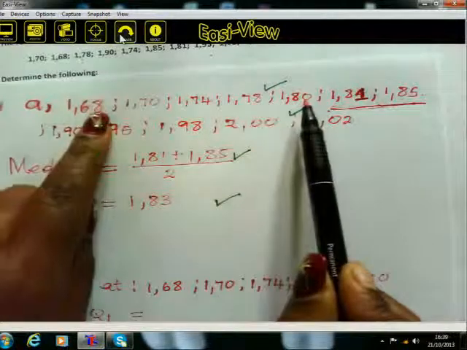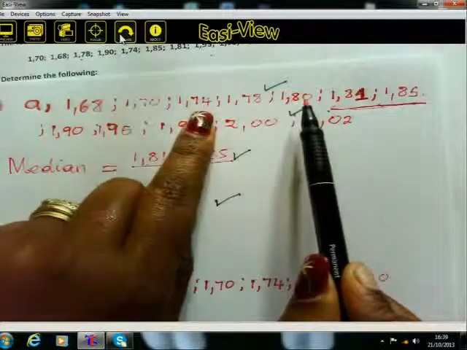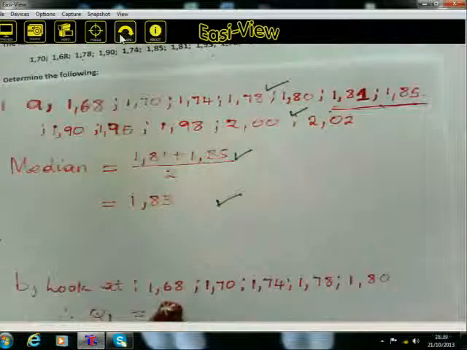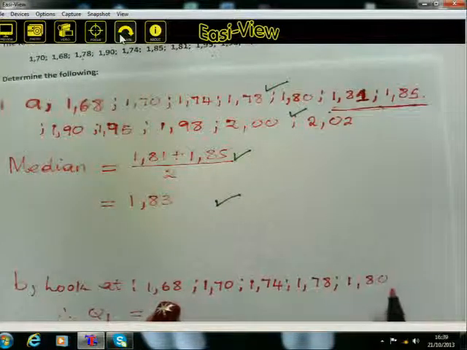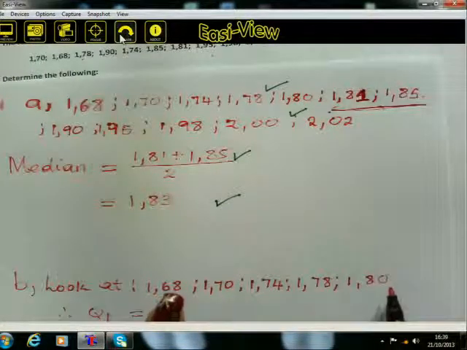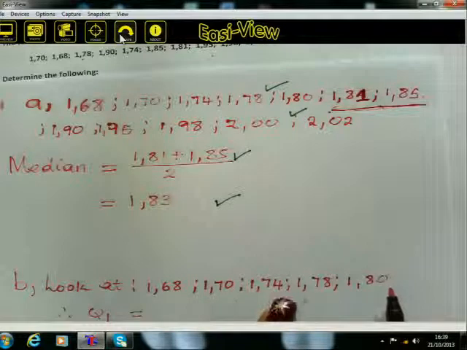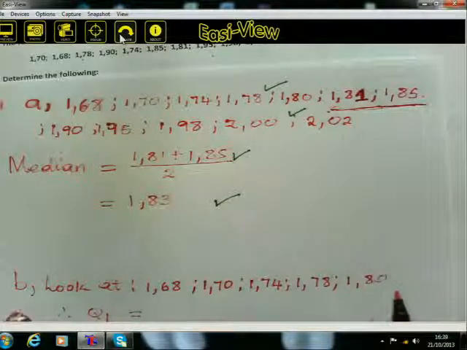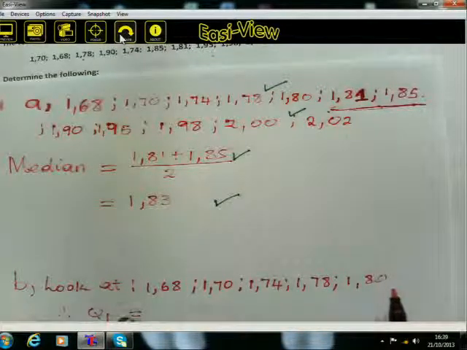Let us count. 1, 2, 3, 4, 5 is what you wrote here. You've got 5 numbers. So now the middle term will be your quartile 1.